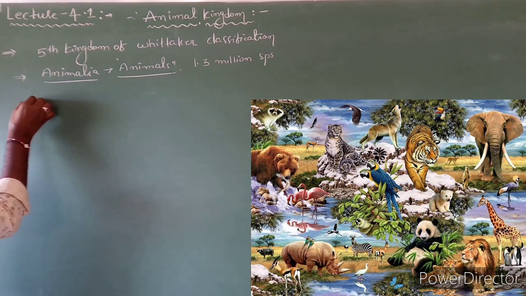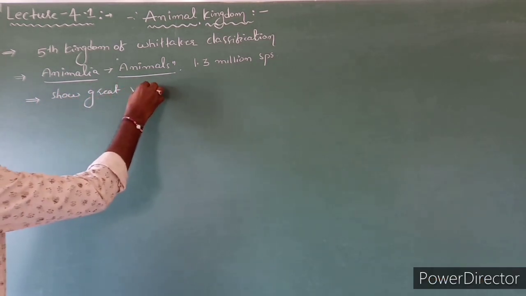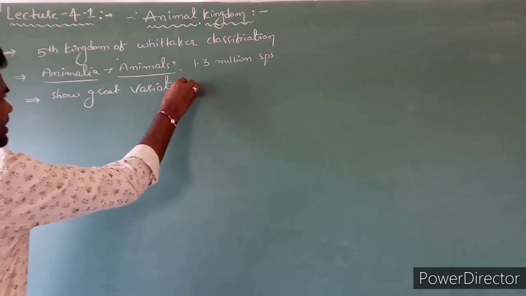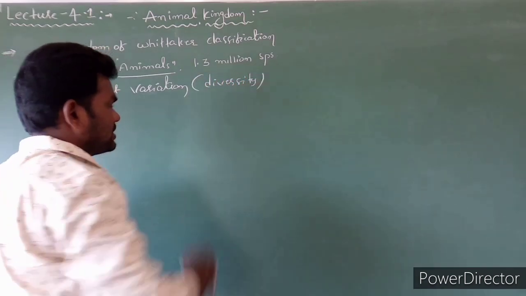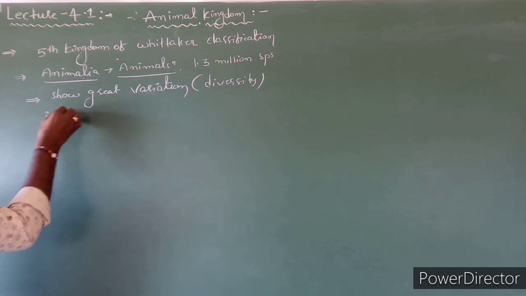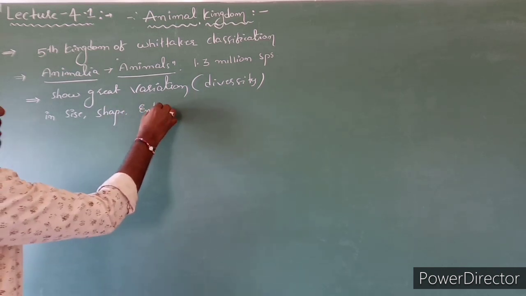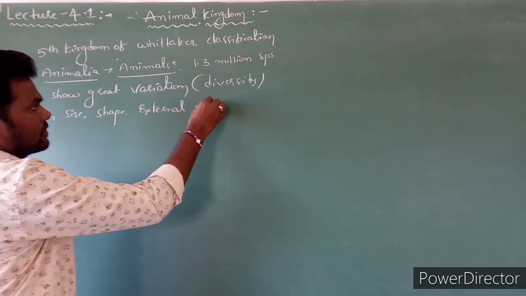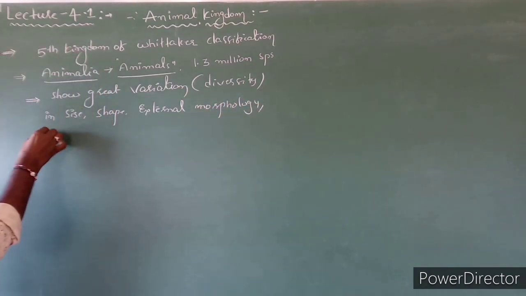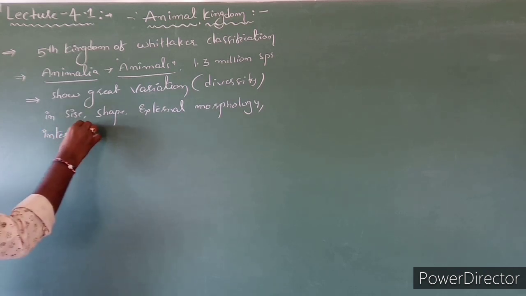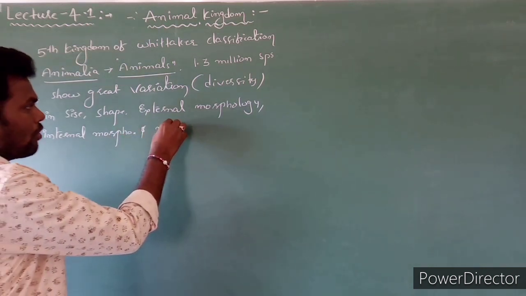These 1.3 million species show great variation, nothing but diversity, in size, shape, external morphology as well as internal morphology, and mode of reproduction.